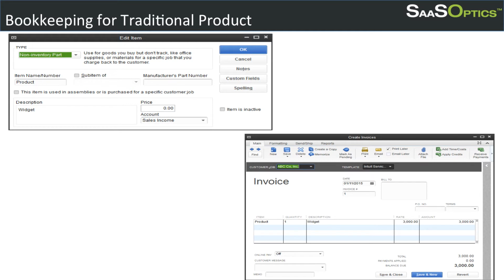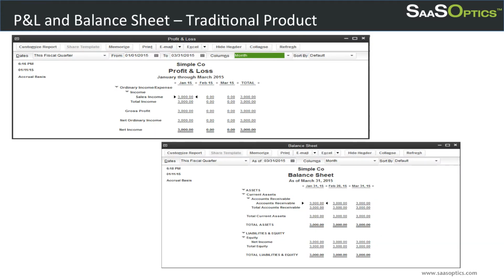And when you generate your invoice over here, you pick that product or that item. In this case, we called it product, quantity 1, widget, and it's $3,000 rate, and the total amount of the invoice is $3,000. So what happens on our income statement, or what we also call our P&L, income statement and P&L being the same thing, what happens there and what happens on our balance sheet?